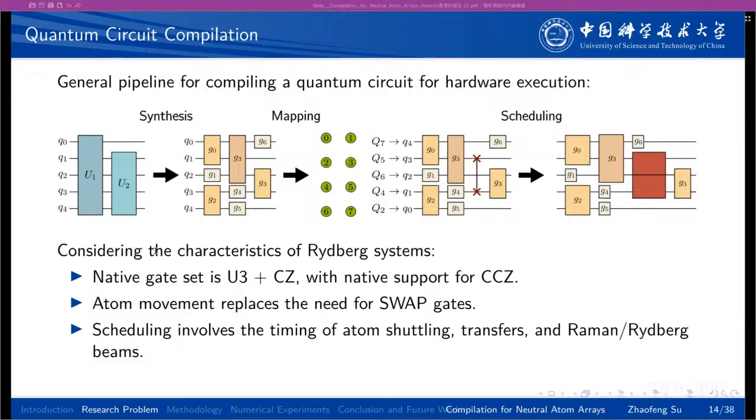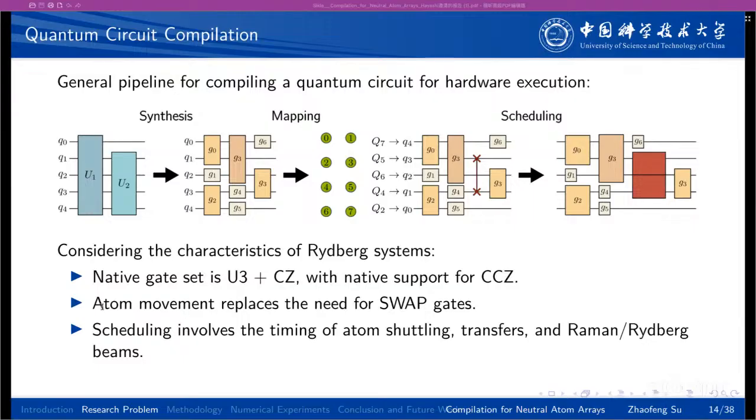So neutral atom-based quantum computing has some new characteristics. It has native gates U3 and controlled-Z, and it also natively supports CCZ.